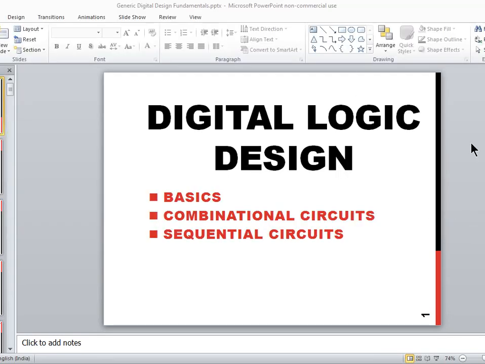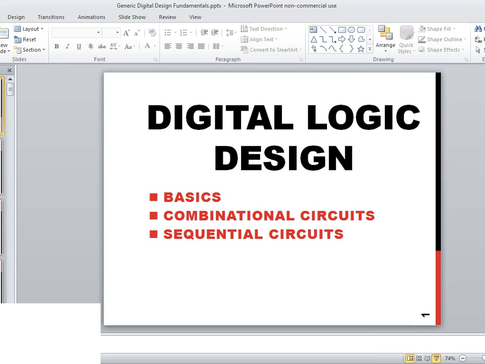Let me try again. Okay, can you see the screen now? So now I can see it. Okay. Yeah. Okay. So finally that worked.